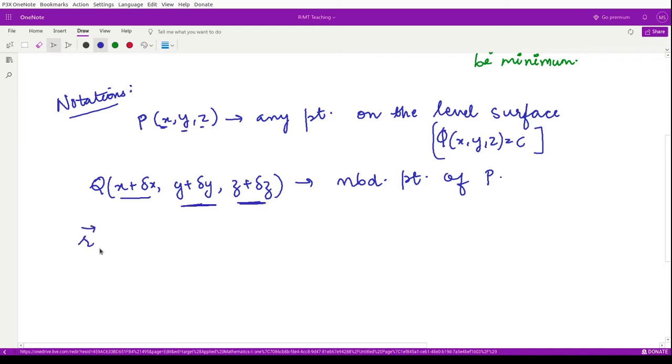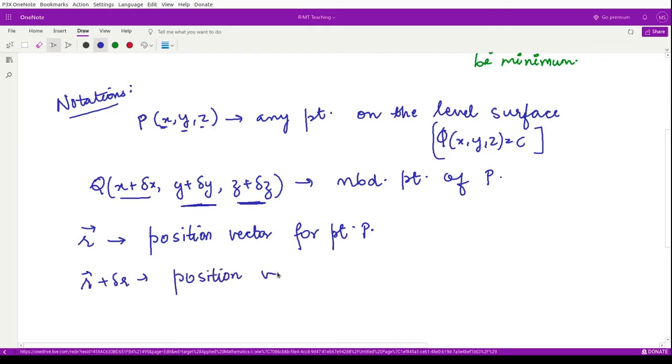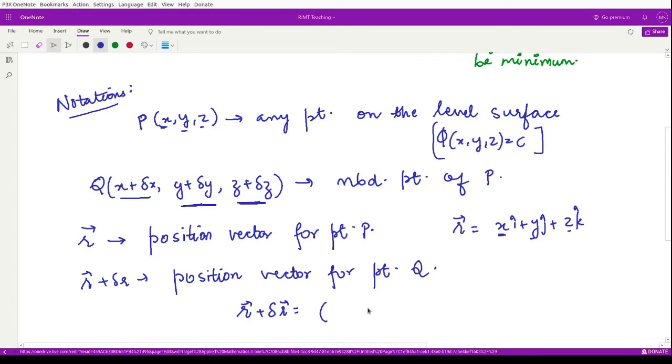Then r vector represents the position vector for point P, and r plus del r vector represents the position vector for point Q. If I define r vector to be x i cap plus y j cap plus z k cap, then r plus del r vector would be x plus del x i cap plus y plus del y j cap plus z plus del z k cap.